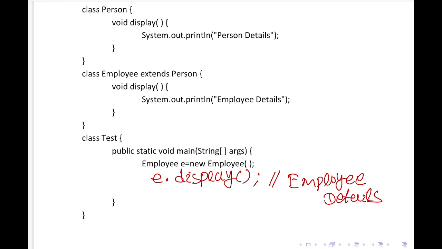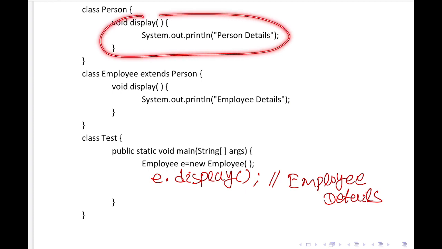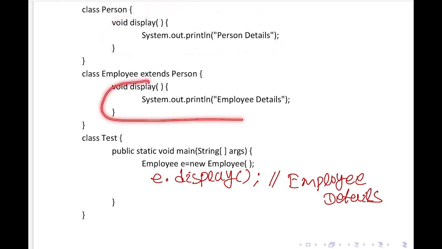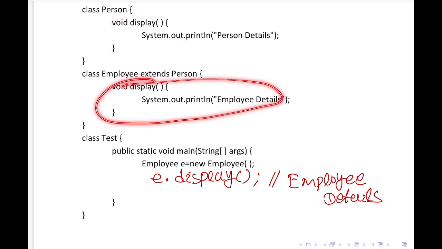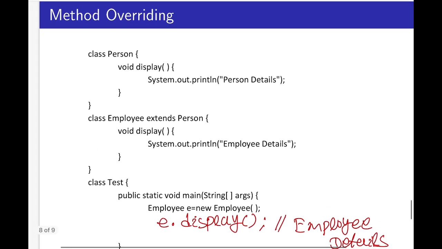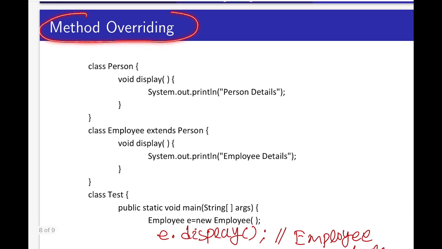So here you can observe we are rewriting the display method of the parent class in the child class, or we can say we are overriding the display method that is given in the base class in the derived class. Previously the definition was also there in the base class, and this concept is called method overriding.